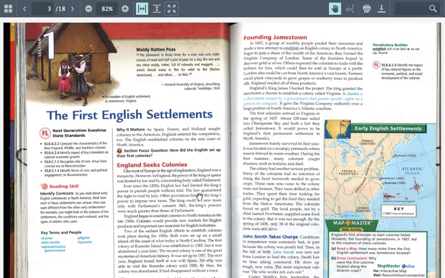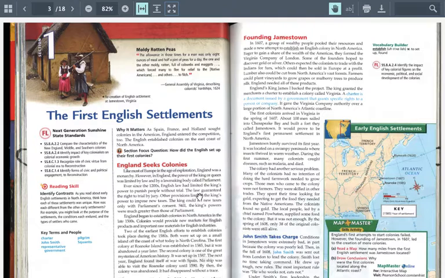Now, the English are going to start in roughly the 1500s searching for colonies, and their first attempt is going to be in North Carolina in Roanoke. Now, why did the English want to establish colonies in North America? One of the main reasons was searching for gold and silver, but also opening up new markets of trade.